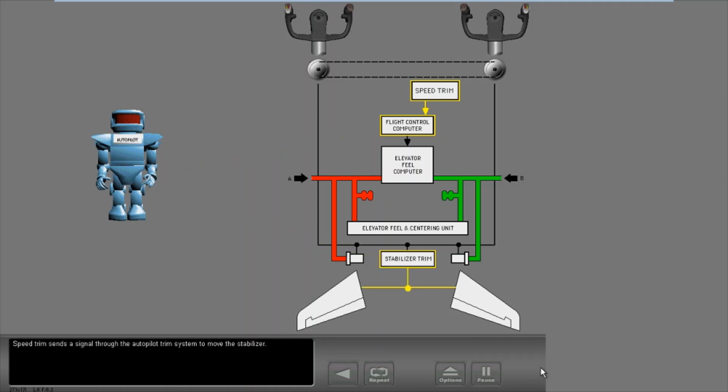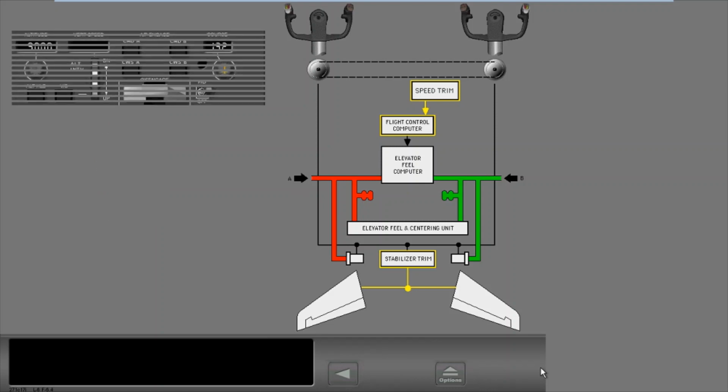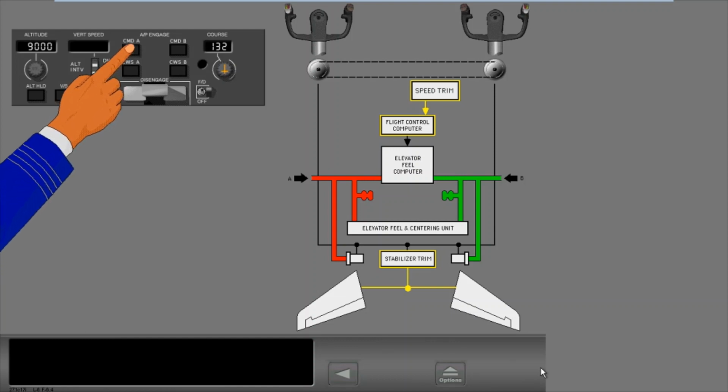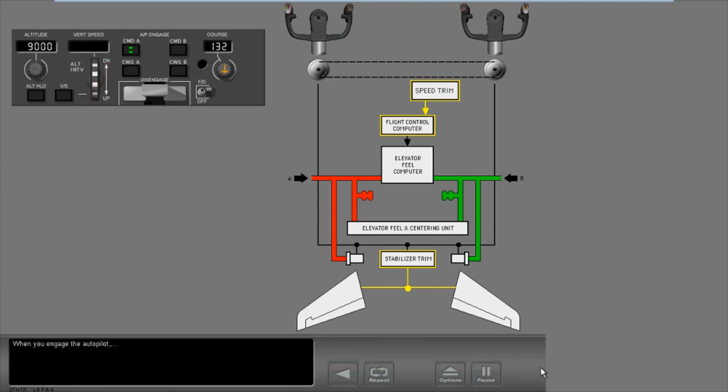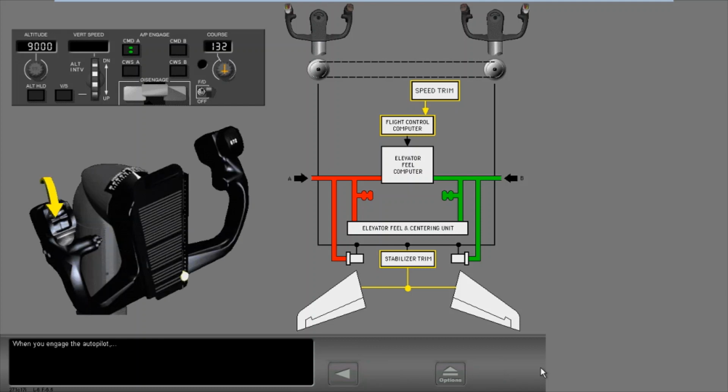Speed trim sends a signal through the autopilot trim system to move the stabilizer. When you engage the autopilot or make a stabilizer trim input, speed trim stops.